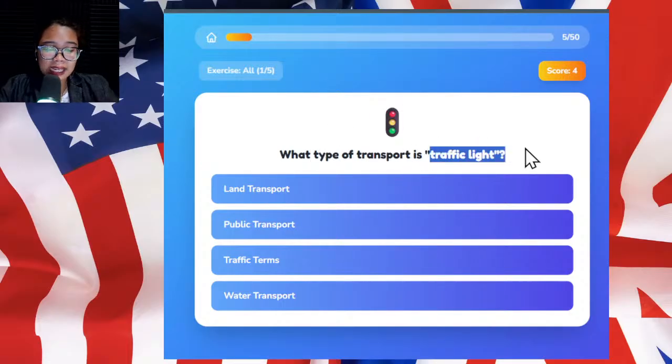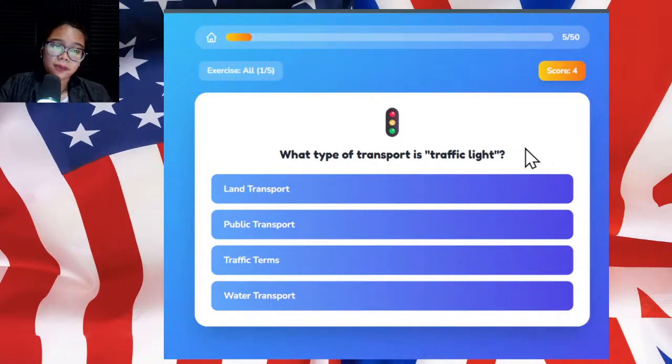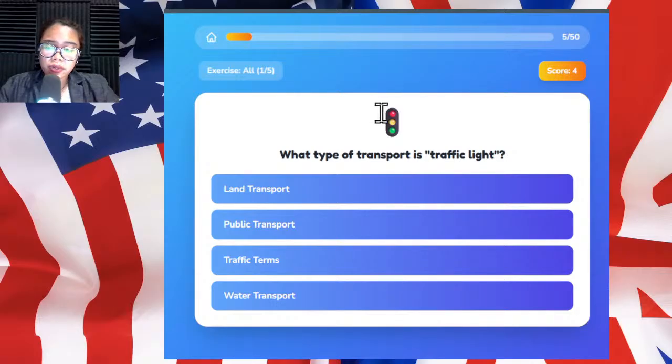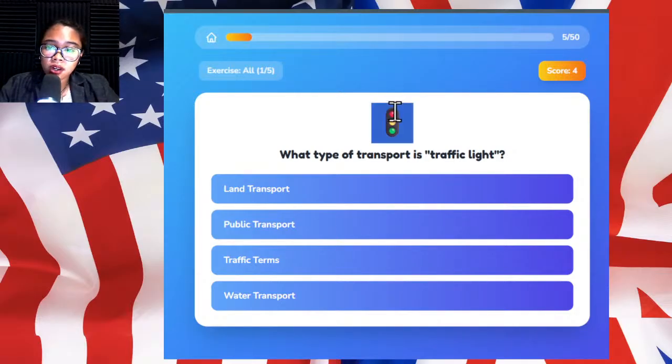Next, what type of category is traffic light? Traffic light is not a transportation vehicle, so it is a category. Among the 4 options, there's only one that's not a transportation vehicle category, and that is traffic terms. Now, let's do a review. What do we mean if the color is red?